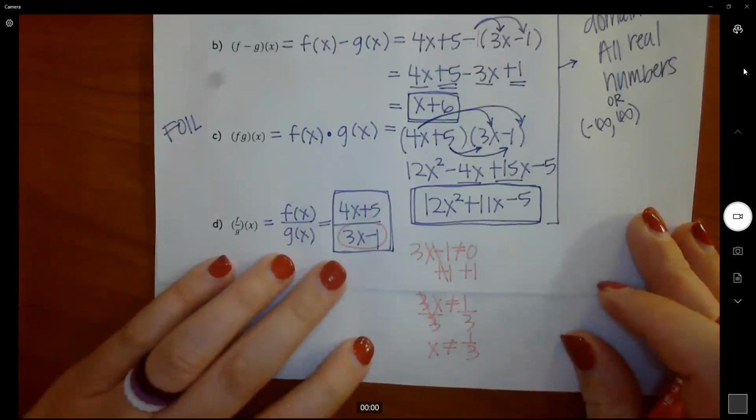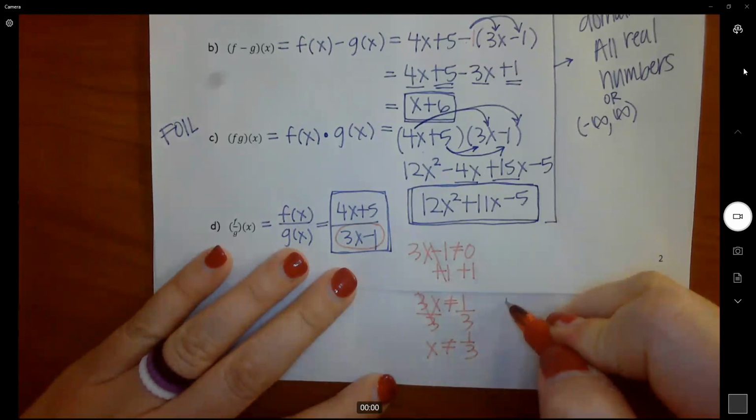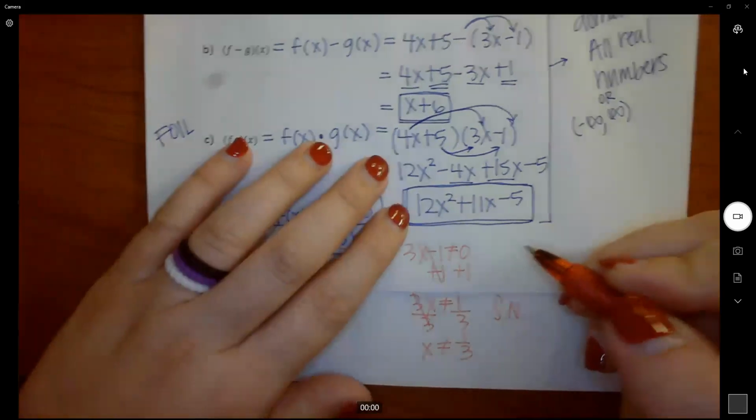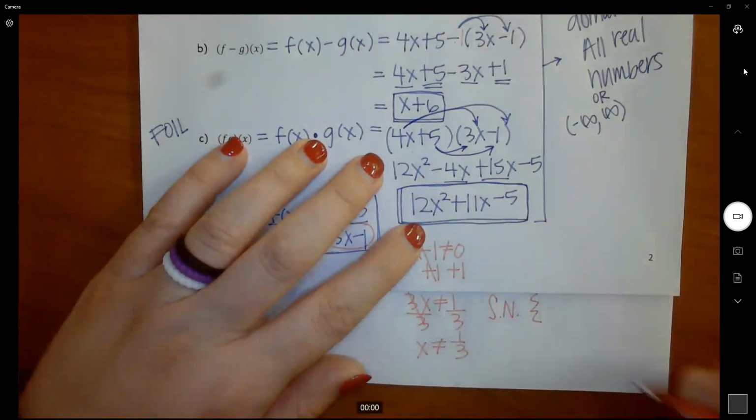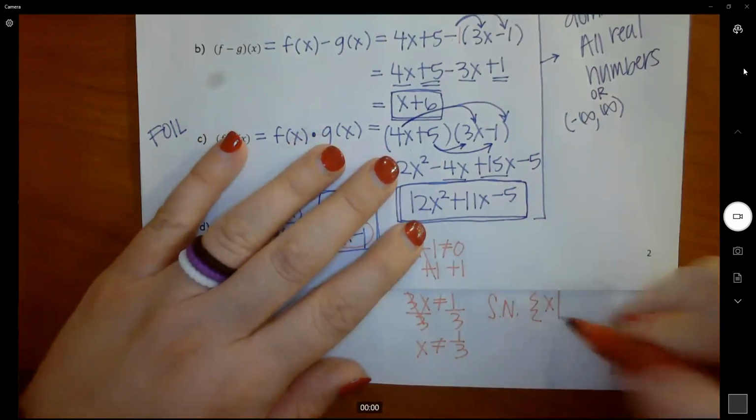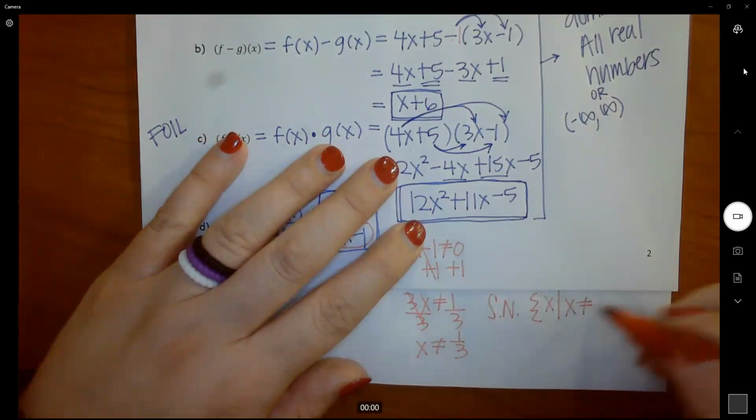I don't know how you need to write this. If it is set notation, this is the set of all x such that x cannot equal 1/3.